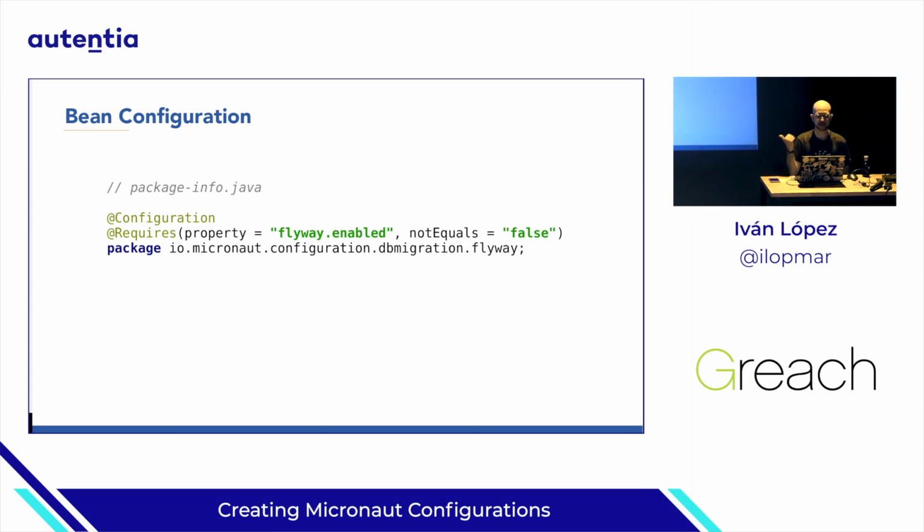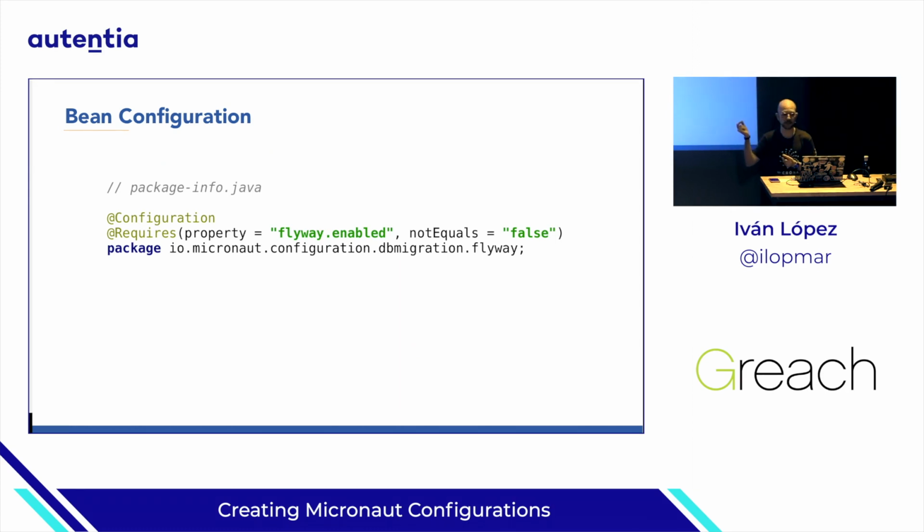So in this example, we are saying that to create any bean declared in this io.micronaut.configuration.db.migration.flyway package, this property flyway.enabled must not be set to false.